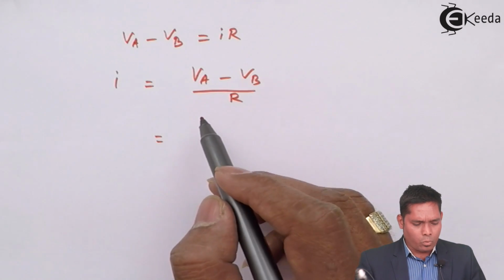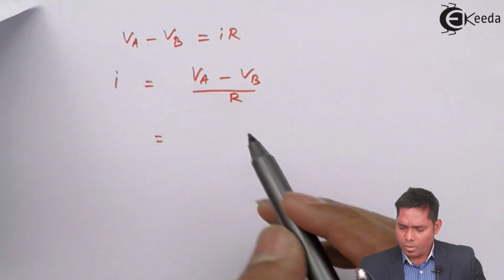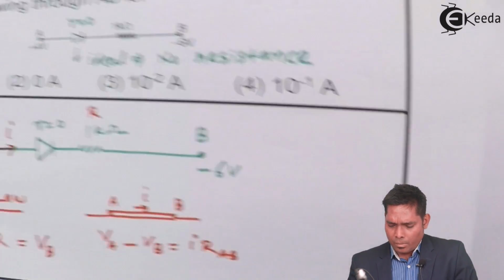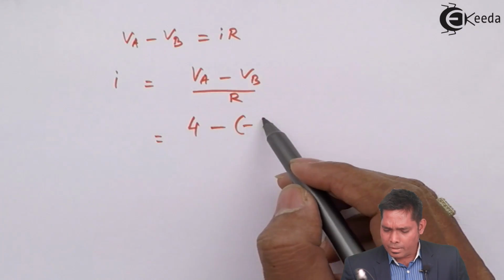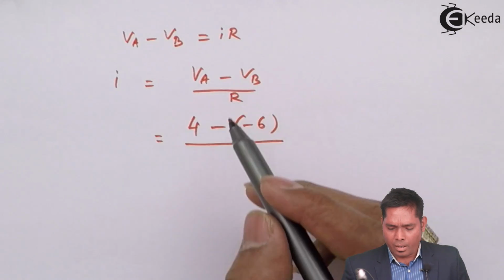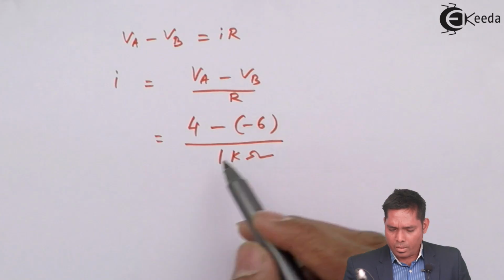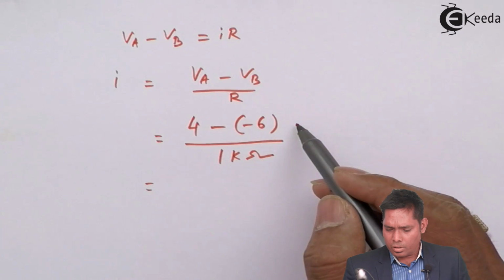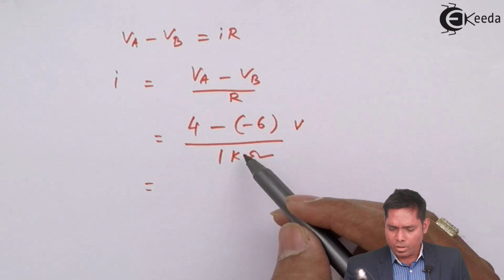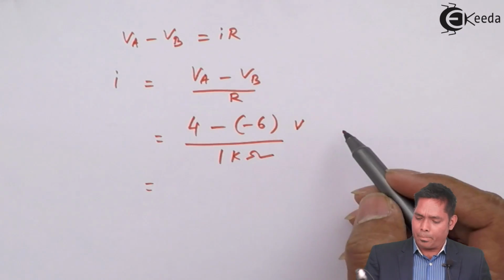VA is 4 volt, so I'll write 4, minus VB is minus 6 volt, so it is minus of minus 6, divided by R, which is 1 kilo ohm. Okay, so 1000, this is in volt, this is in ohm, so that is ampere.